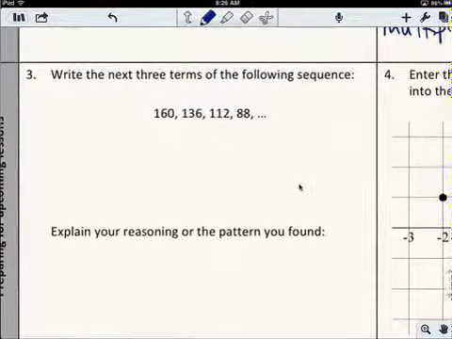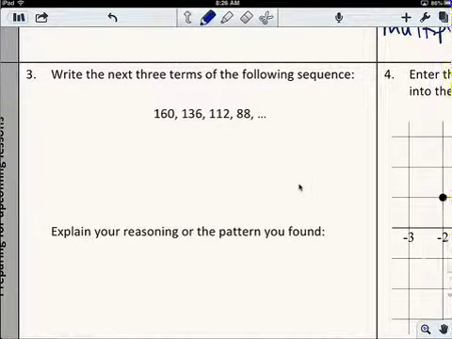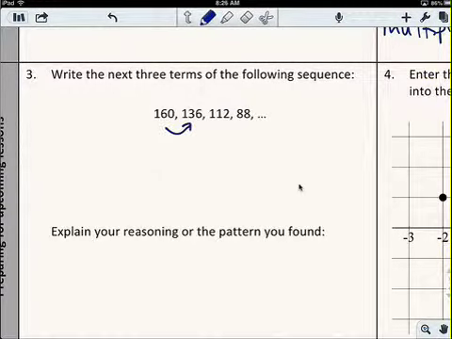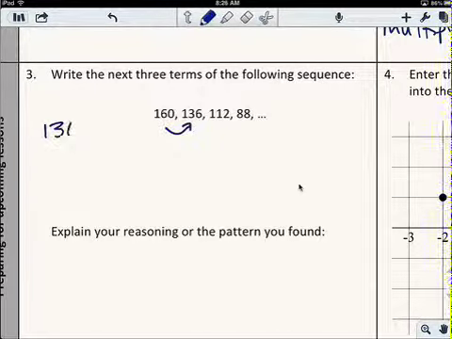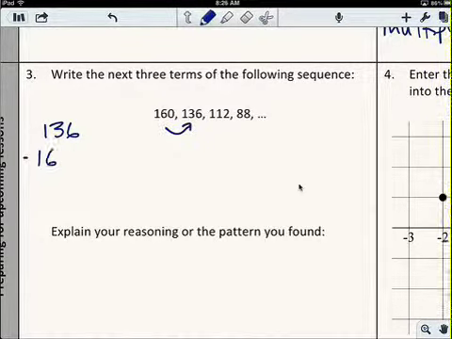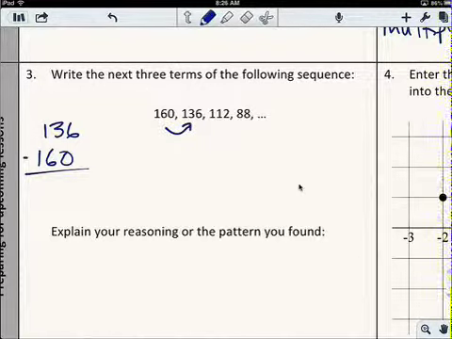All right, so now we've got ourselves a sequence, so we've got to look for a pattern. So I'm just going to do some guessing and checking. So 160 to 136, I'm trying to see if there's an addition pattern, so I'm going to start by doing 136 minus 160. And that's -24, so this subtracts 24.